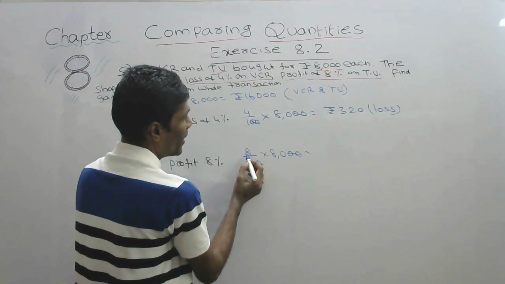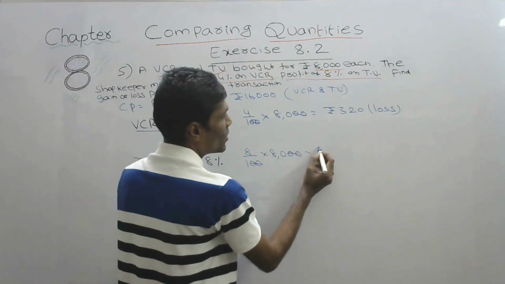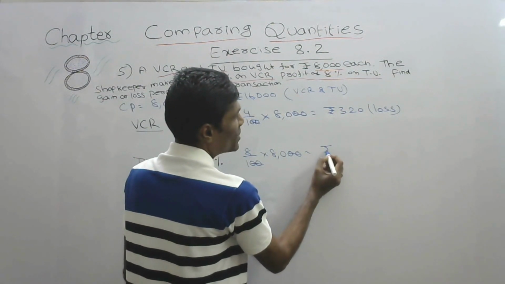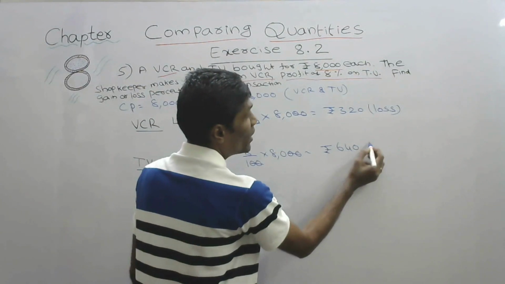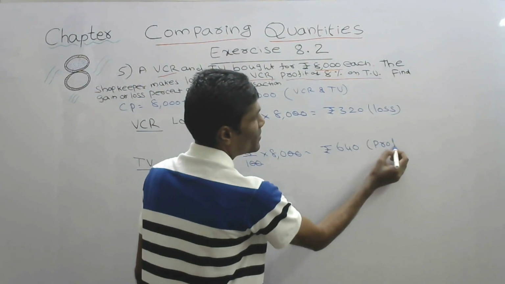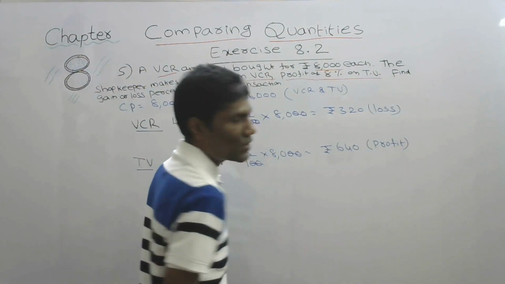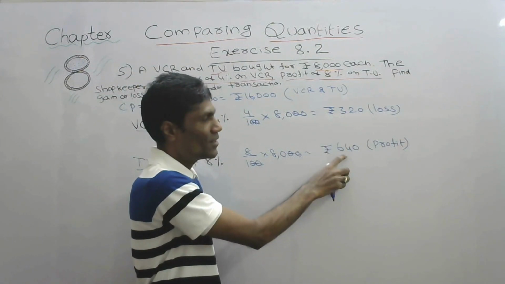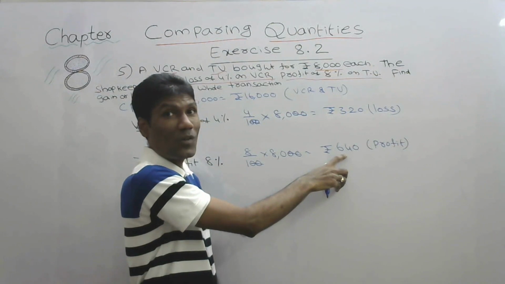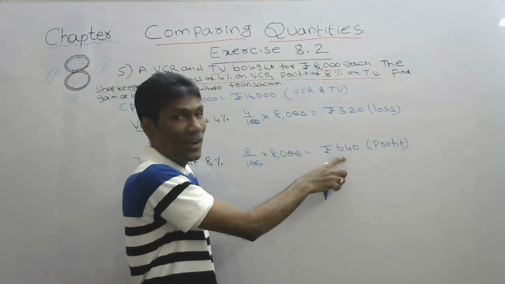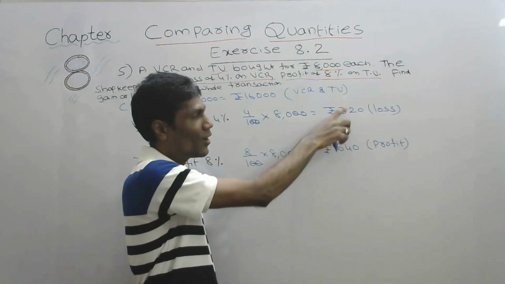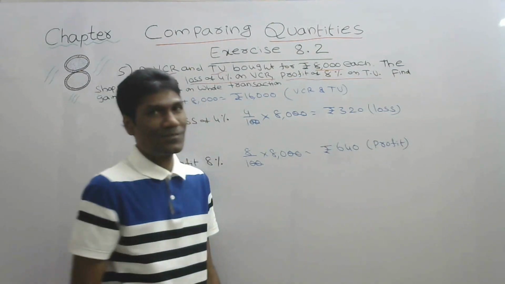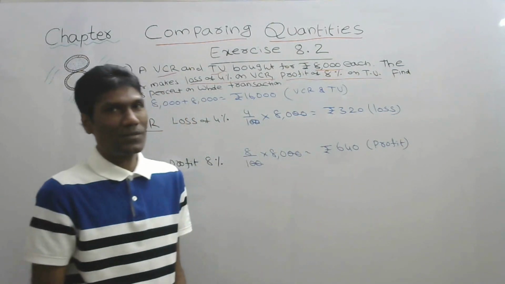Cancel the zeros. 8 8s are 64, so it will be rupees 640 profit. So now if you see, 320 loss, 640 profit. So at last what did he get, loss or profit? Profit only, because the profit is more.